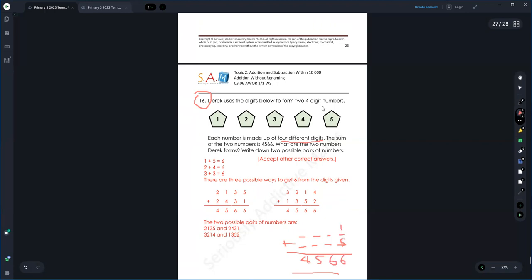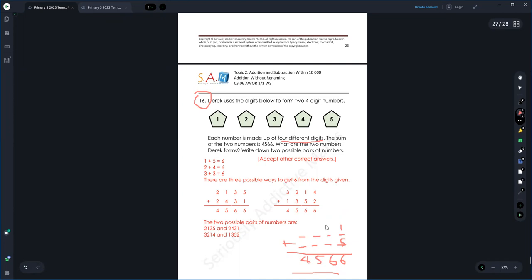Now that 5 is done and 1 is done, they've got 2, 3, and 4. So which one will give you the next 6? It'll be 3 and 3. Or they can do trial and error. They can try 2 and 4, but if you put 2 and 4 here, they'll realize that the next numbers cannot give 5.